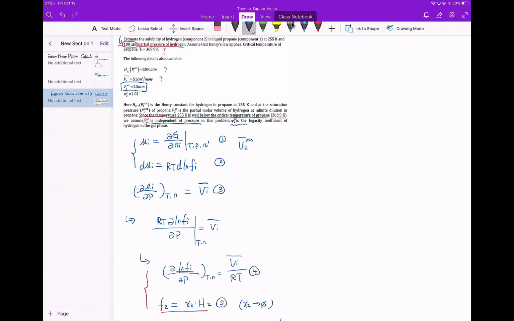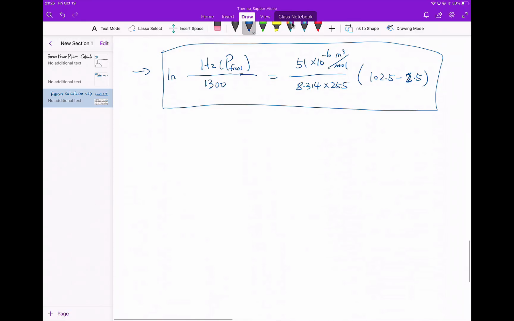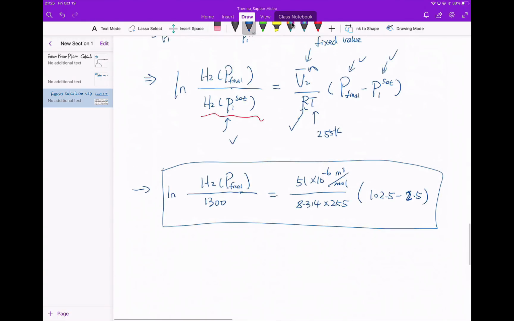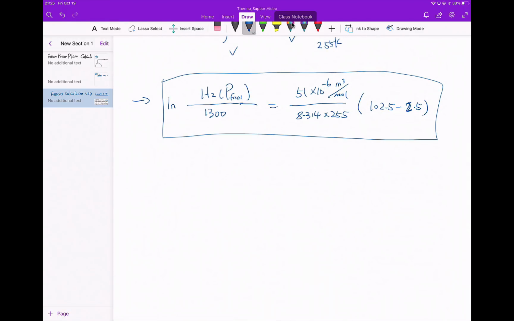This is the fugacity coefficient of hydrogen in the gas phase, for the vapor, while the other equation is for the liquid phase and Henry's constant.